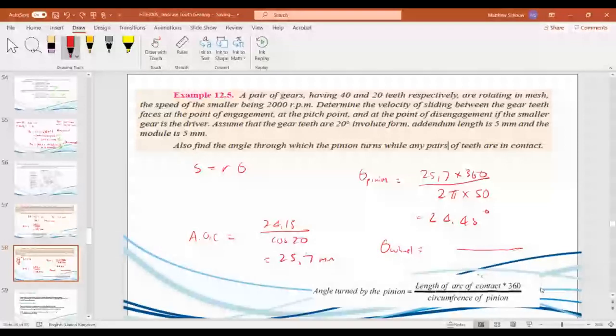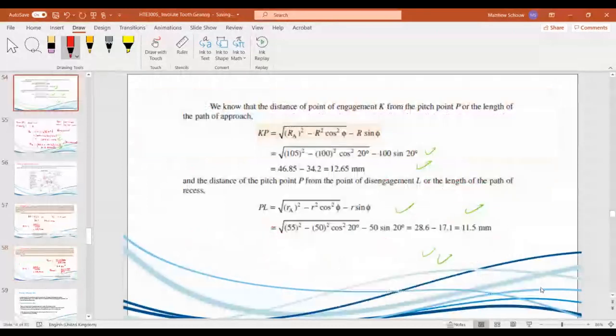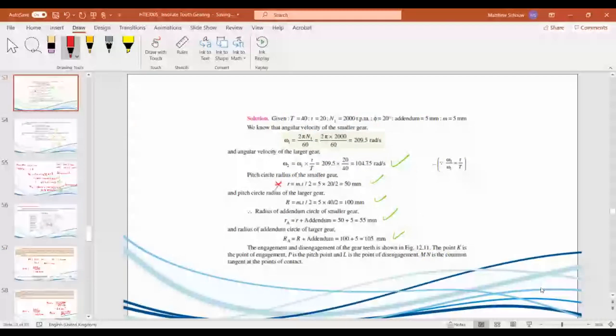So can I quickly get my wheel? It'll still be 25.7 times 360. But what is at the bottom? 2 pi times what?